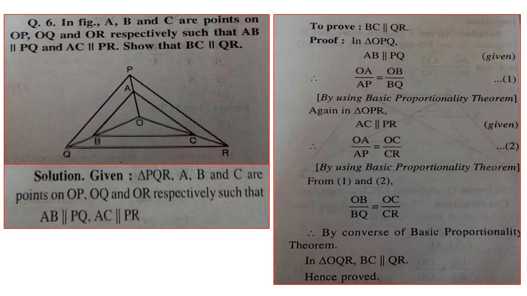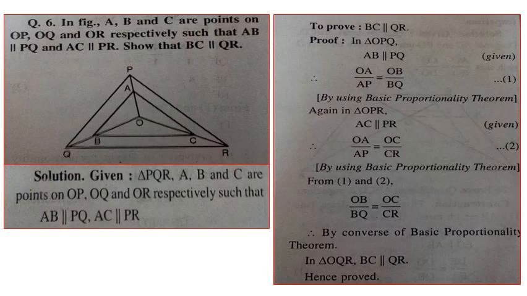Solution: given triangle PQR, A, B and C are the points on OP, OQ and OR respectively, such that AB parallel to PQ, AC parallel to PR. To prove that BC parallel to QR. Now proof. In triangle OPQ, AB parallel to PQ, that is given. Therefore, OA by AP is equal to OB by BQ by BPT, that is equation number 1.